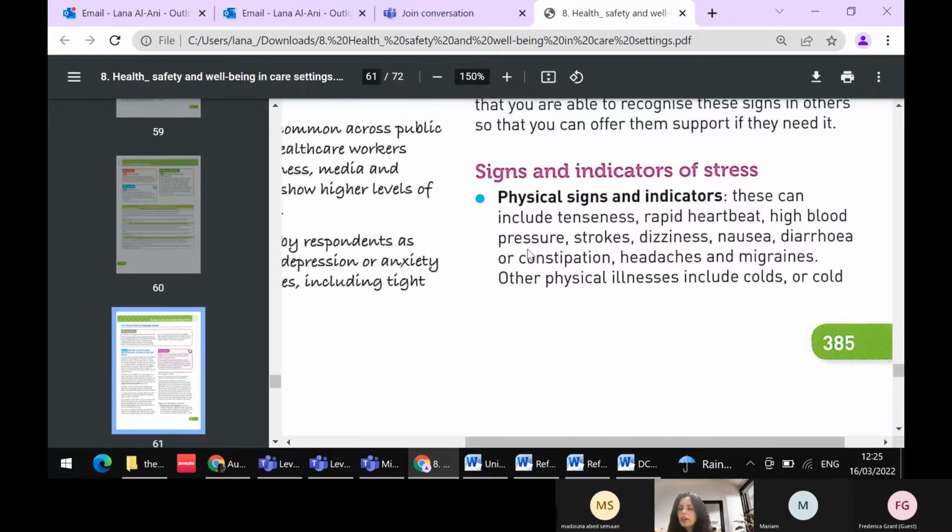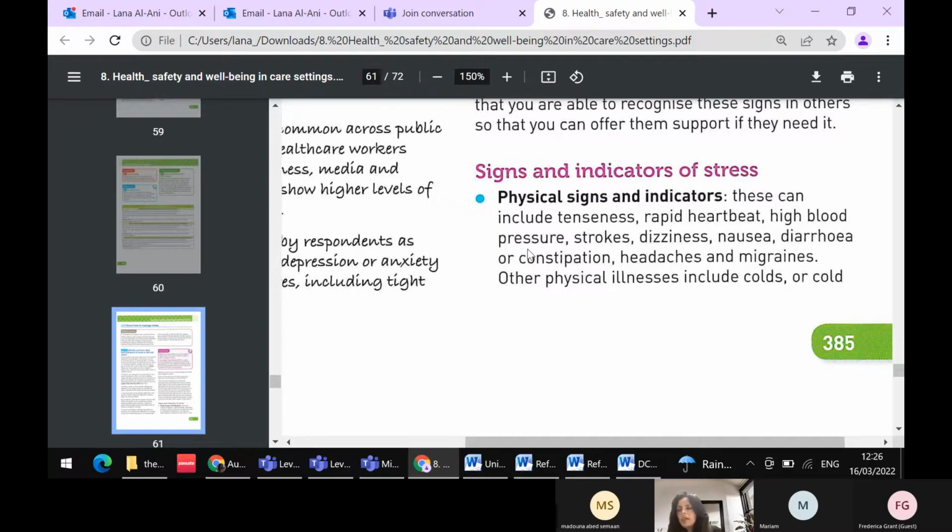their work, the way they appear. So physical signs, indicators, these can include tension, also like the heartbeat will be higher, your blood pressure will be higher.